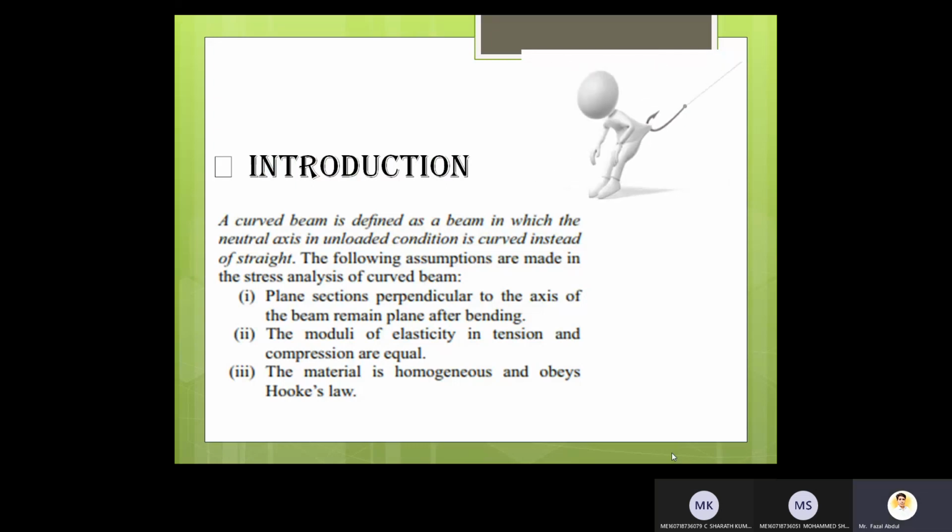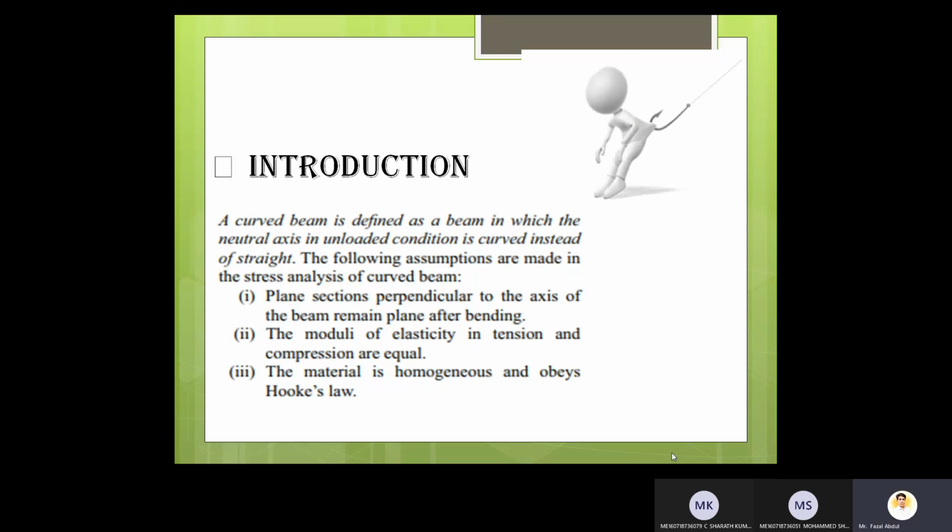What you studied there: whenever the beam is subjected to static or dynamic loads, it causes bending stresses. Besides this, there are tensile, compressive and shear stresses also.